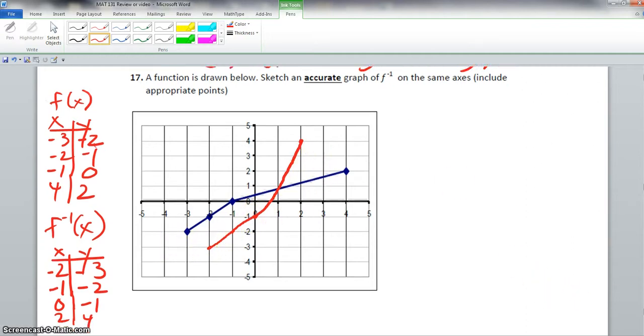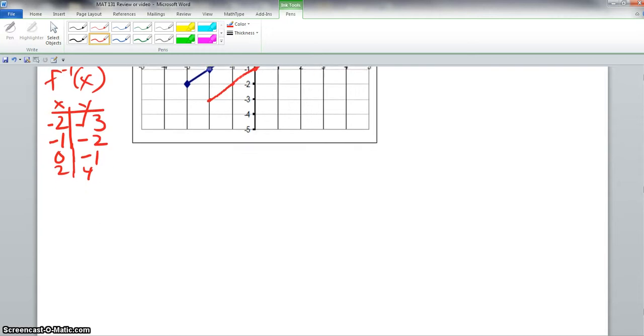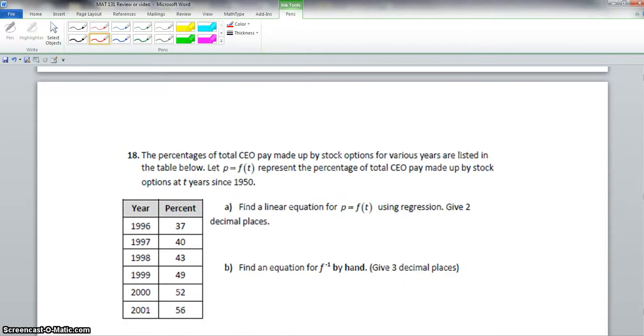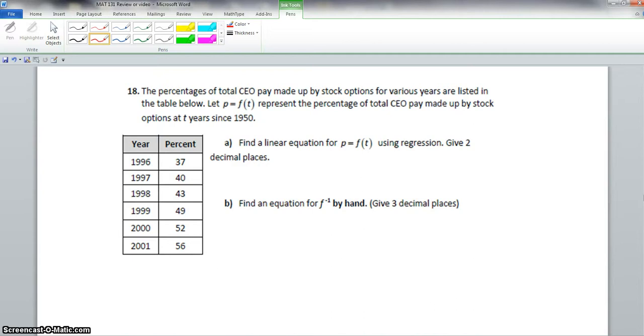So now we scroll down to our next problem, which is problem 18. It says the percentages of total CEO pay made up by stock options for various years are listed in the table below. Let P equals f of t represent the percentage of total CEO pay made up by stock options at t years since 1950.